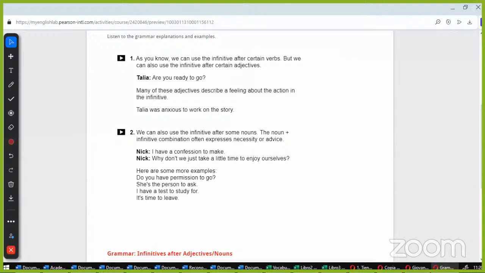We can also use the infinitive after some nouns. The noun plus infinitive combination often expresses necessity or advice. Nick, I have a confession to make. Nick, why don't we just take a little time to enjoy ourselves? Here are some more examples. Do you have permission to go? She's the person to ask. I have a test to study for. It's time to leave.